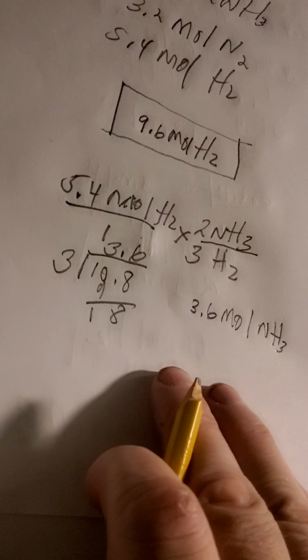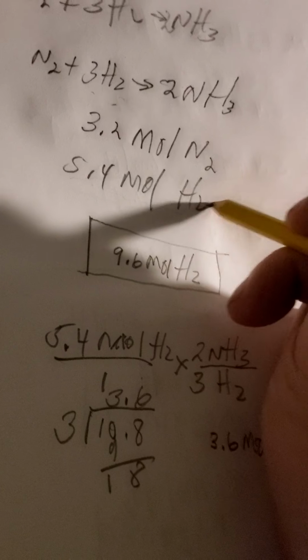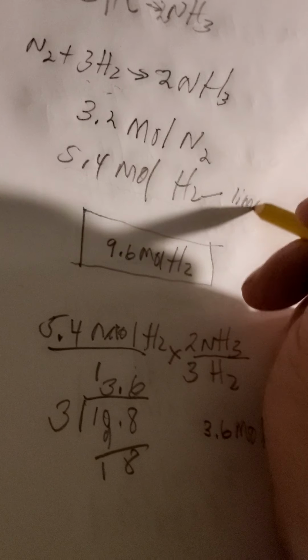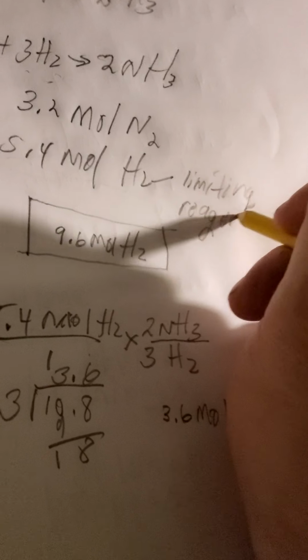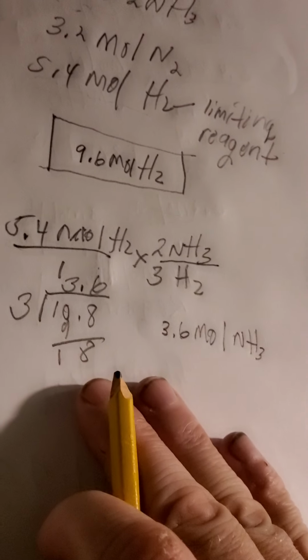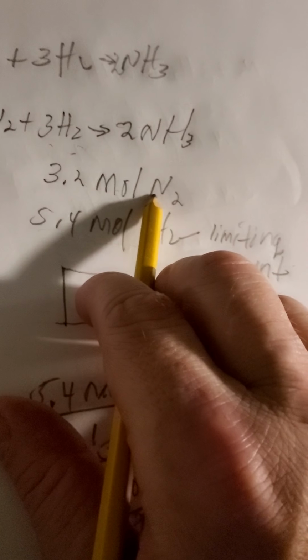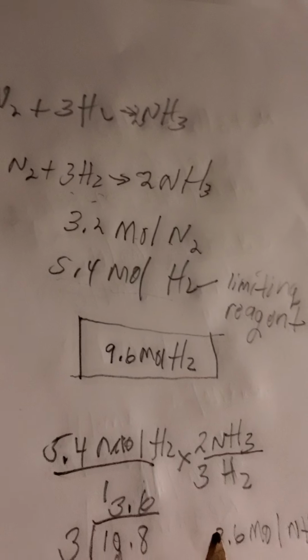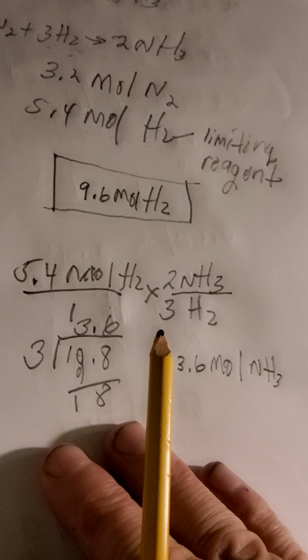And I can't make any more than that because I only have 5.4 moles of hydrogen, which is my limiting reagent. That means it's going to run out. The hydrogen will run out before the nitrogen will. I couldn't see that just by looking at it; I had to actually use the chemical equation to figure out what is limiting and what is in excess.